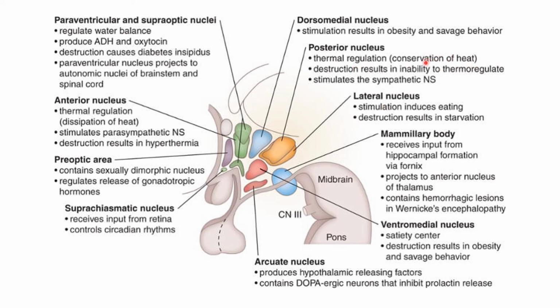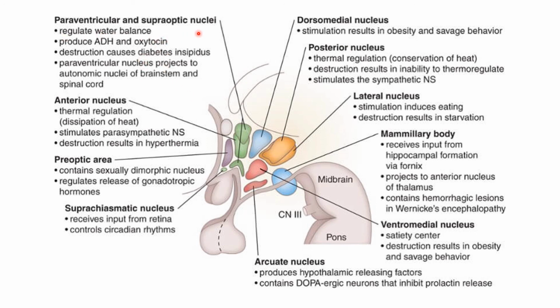The posterior nucleus, thermal regulation. In this side, it's the conservation of heat. On the other side, we have the anterior nucleus, so the posterior nucleus and anterior nucleus, thermoregulation for the dissipation of heat, as well as it has some effect on the parasympathetic nervous system. And the dorsomedial nucleus results in obesity, savage behavior.